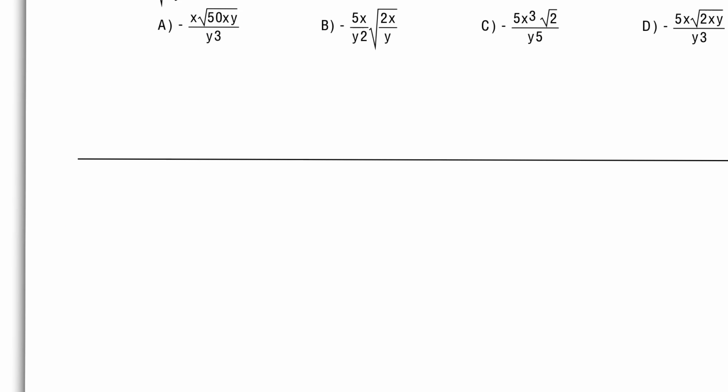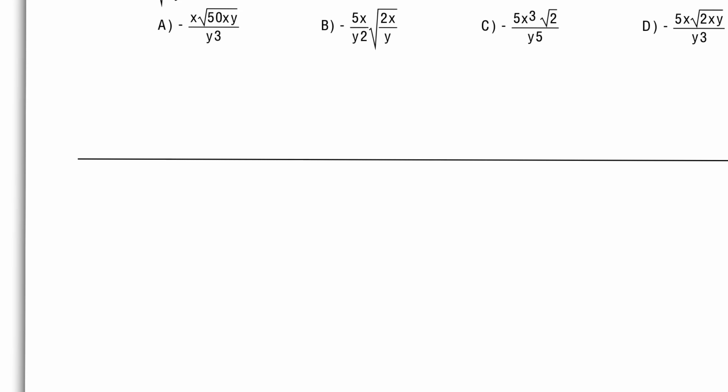Number 4, rationalize the denominator. Assume all variables represent positive numbers. So that means we want to get the denominator out of the radical. We could start off by multiplying the top and the bottom. We extend the radical, or we could do it on the outside, but this is easier.